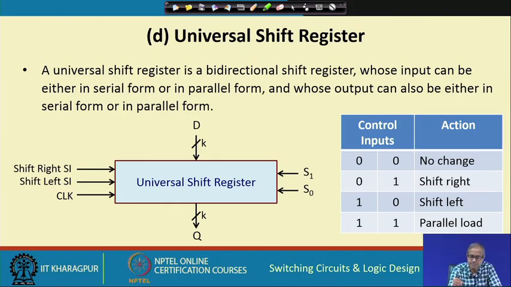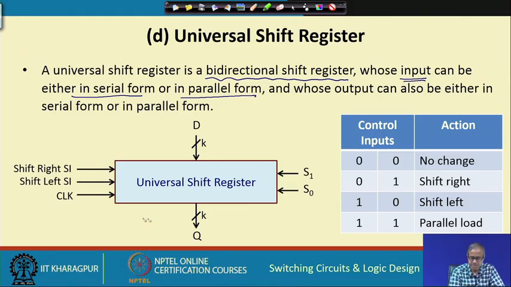A universal shift register has some added functionality. It is a bidirectional shift register plus something more. What is more? The inputs that you are applying can be either in serial form or in parallel form, and also the outputs.